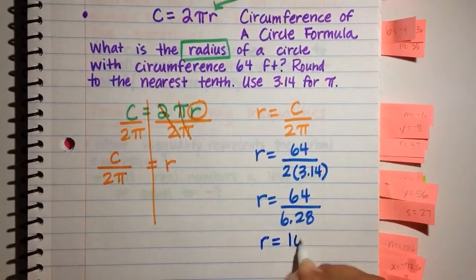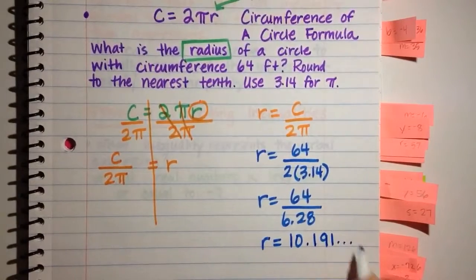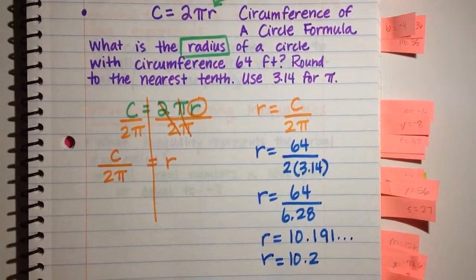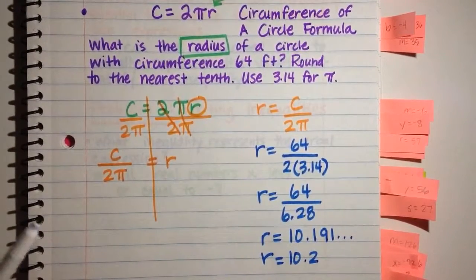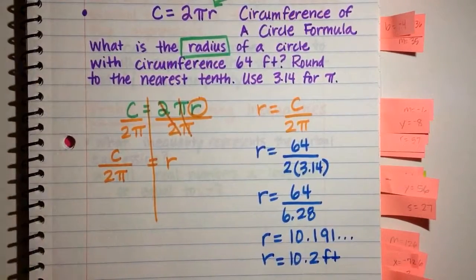And r is equal to 10.191, and I'm going to round that to the nearest tenth, so r is equal to 10.2. So the radius of the circle with a circumference of 64 feet is 10.2 feet.